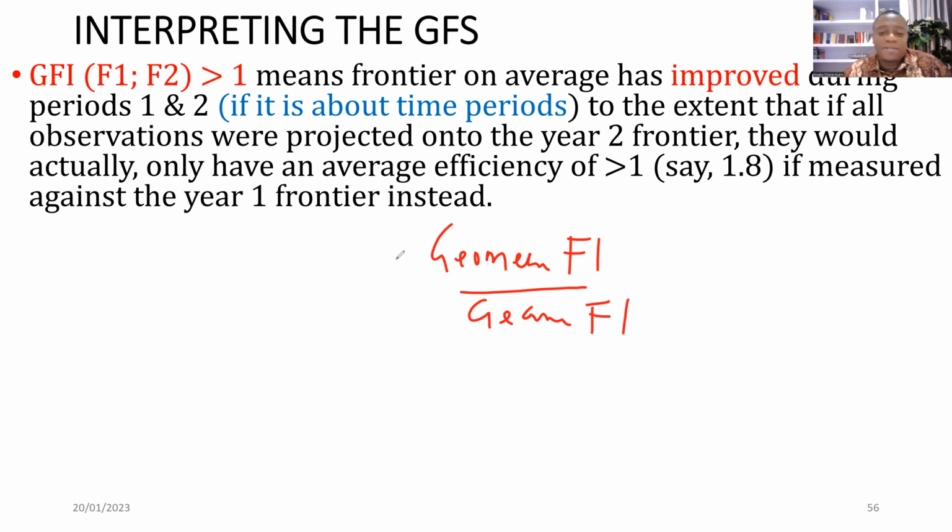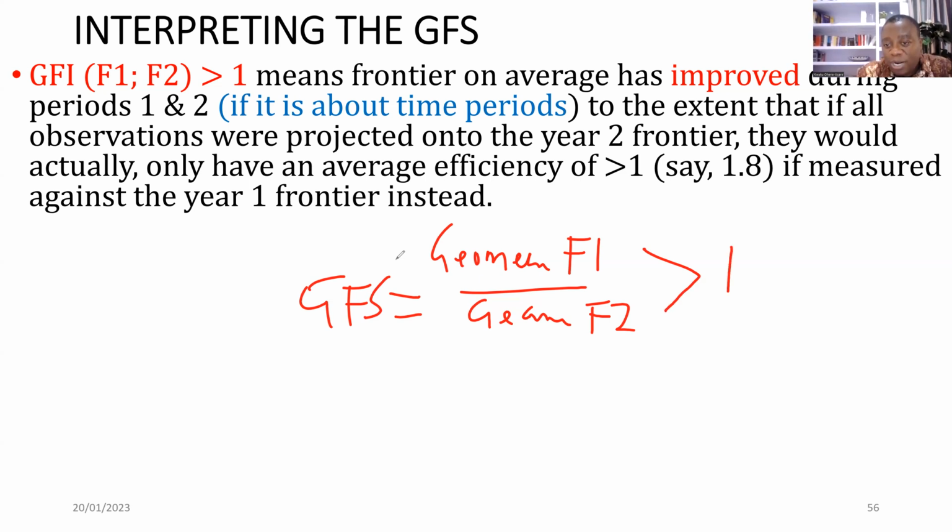When I say frontier 1 and frontier 2, I'm talking about the technology indices, like the efficiency of all firms relative to that particular group 1 of time period 1. And then you take the geomean of that. So this is a global frontier shift here. I calculate this global frontier shift, and I have a value of greater than 1.